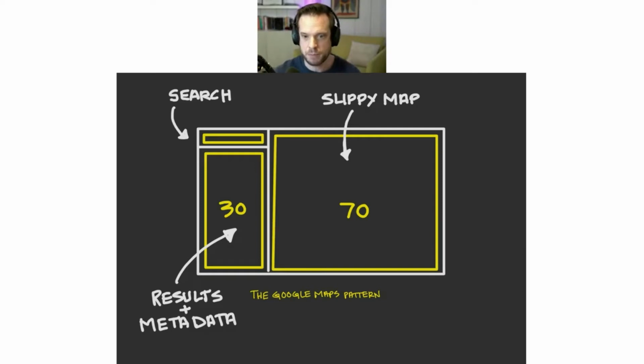A slippy map, you can pan and zoom around it with your thumb or your cursor. So this is where the map interaction happens. And then you always have this little search bar at the top. This is the Google Maps pattern. We see this repeated over and over again in lots of different mapping applications, both done well and, in my opinion, done poorly.